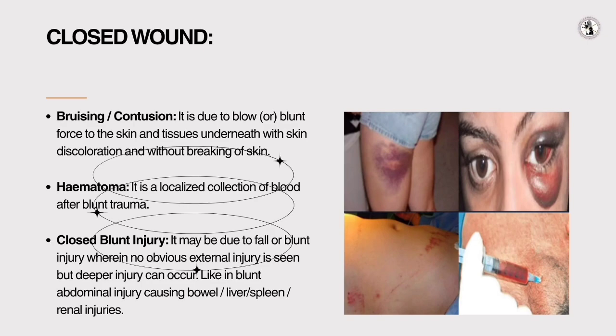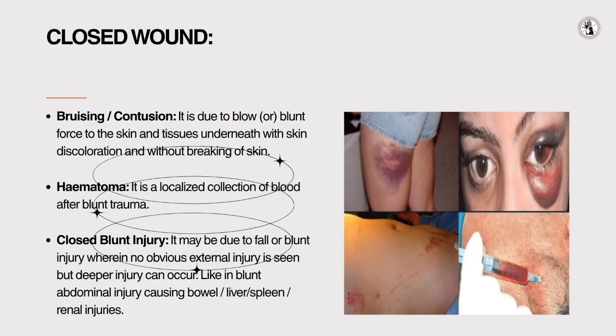Bruises or contusions are due to a blow or blunt force to the skin. If any sudden blow comes to the skin, there is certain discoloration happening to our skin. That is what we call bruising or contusions.